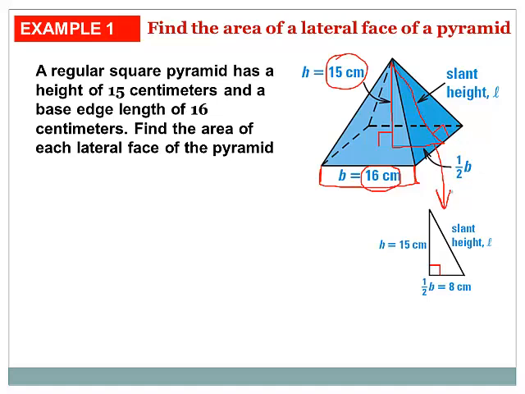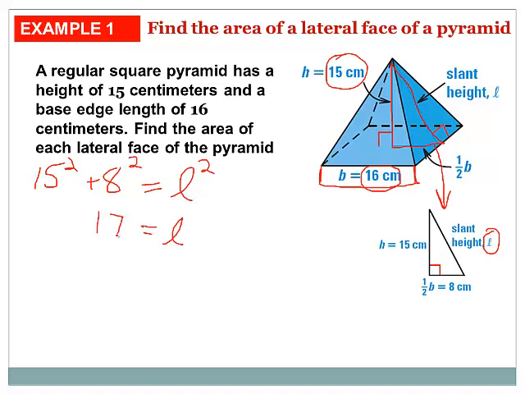So we have an apothem which cuts the side length in half. So we have two sides, and we're missing one side. So from here we can use the Pythagorean theorem to find our slant height, which will be like a cursive L. So we have 15 squared plus 8 squared is equal to the slant height squared. And after you figure this out, the slant height will be 17. So the slant height is 17.